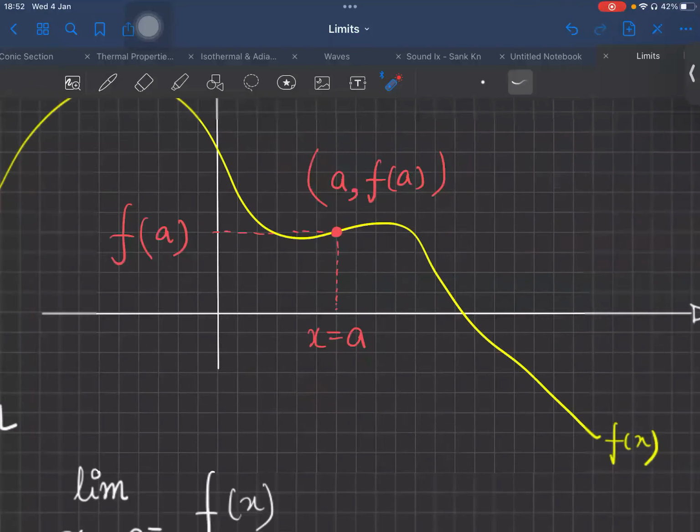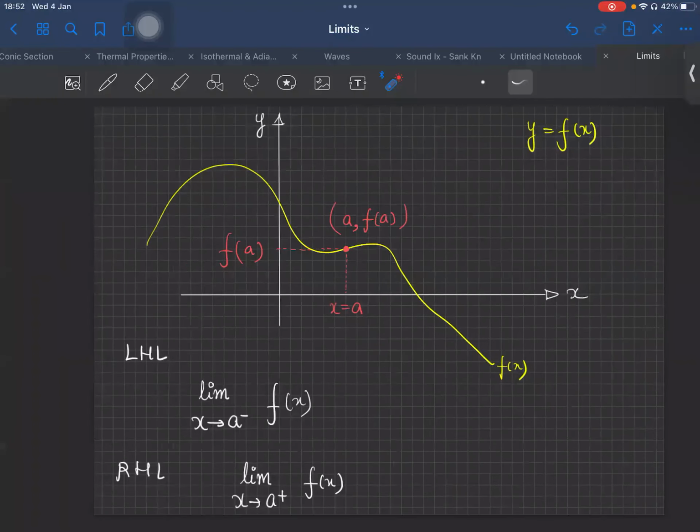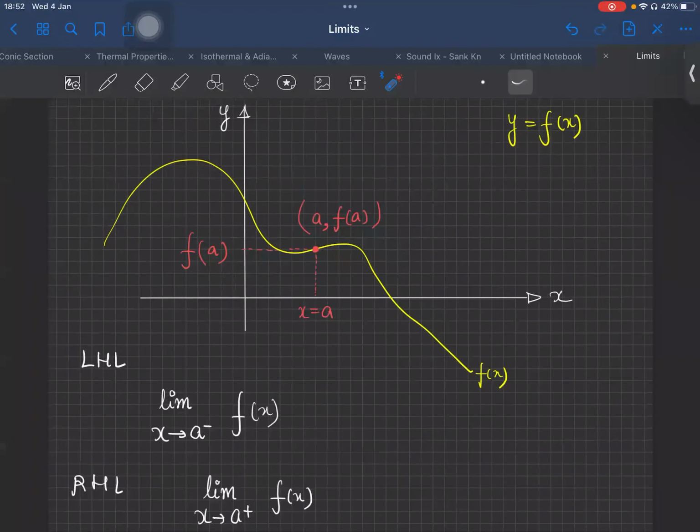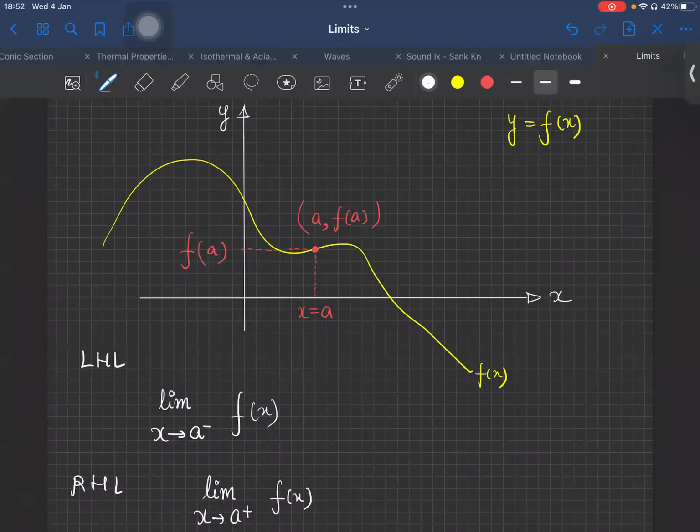And the value of the function at x is equal to a is f of a. If these three criteria are equal, then we say the function is continuous. From the given graph, at x is equal to a, the function is continuous, because you can draw it without lifting your pen.